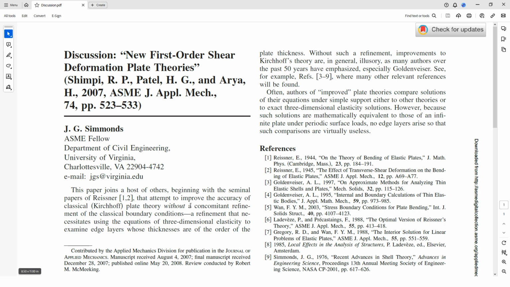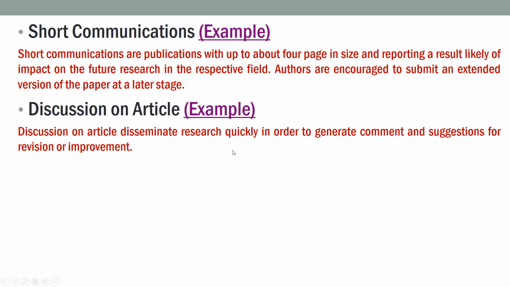Now if it is a discussion, query, suggestion, once it is raised by Professor Simmons, it is the responsibility of Professor Shimpi, Patel and Arya to close that discussion. So if anyone publishes a discussion on any article, it is the responsibility of the original authors to close that query.